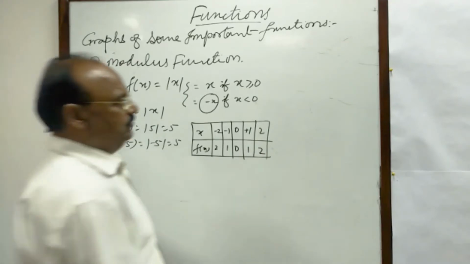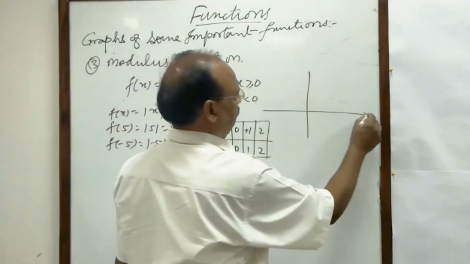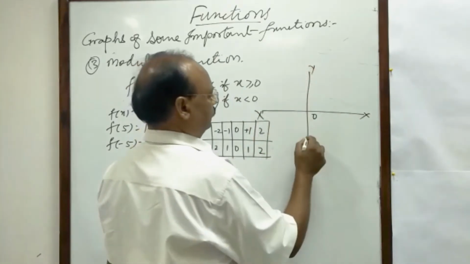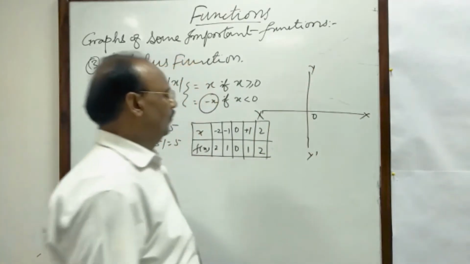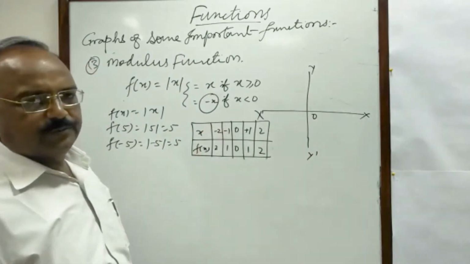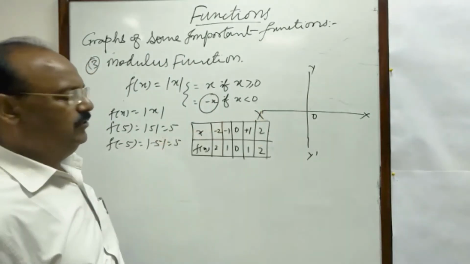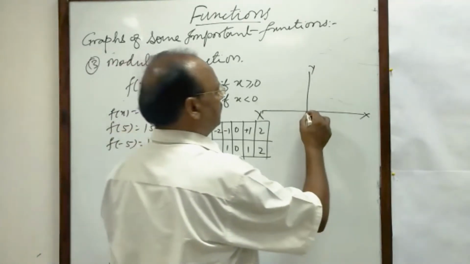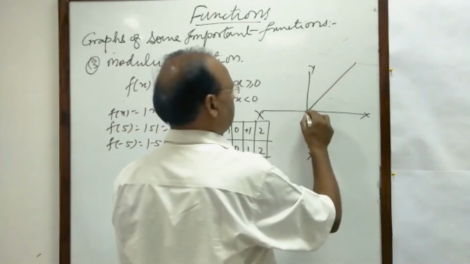So let us draw a graph here. Whenever we plot all these points on this graph paper and sketch a curve, we'll find that this curve is like this.